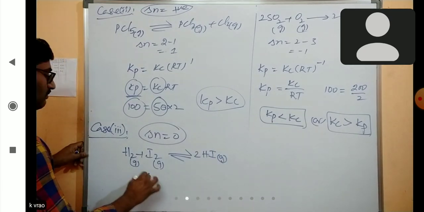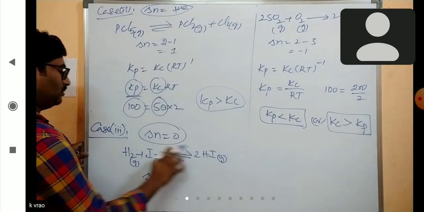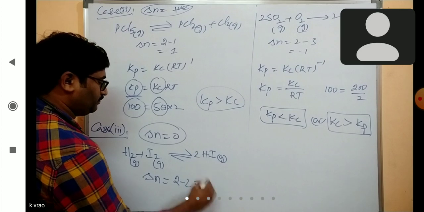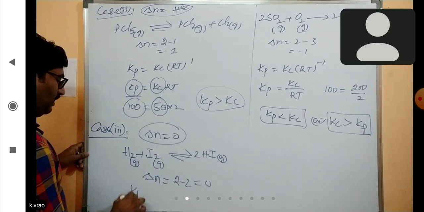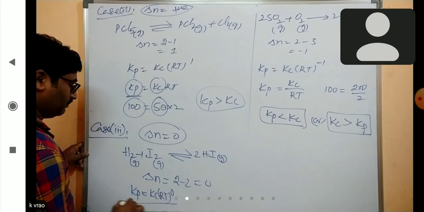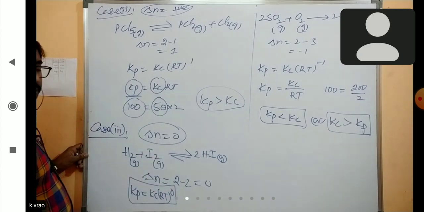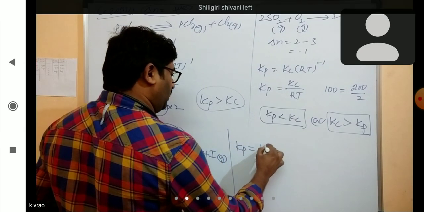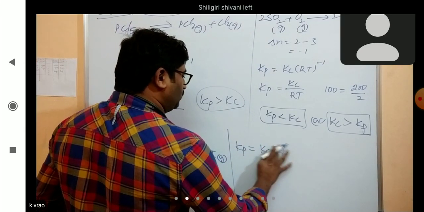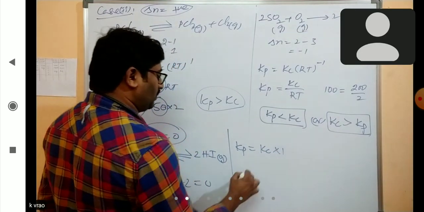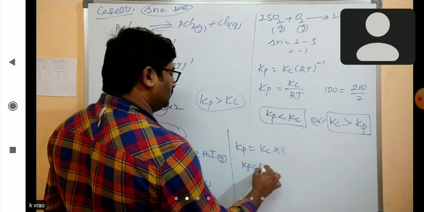Delta n value is 2 minus (1 plus 1), which is 2 minus 2, equal to 0. Therefore, Kp is equal to Kc into (RT) whole power 0. Something power 0 is equal to 1. Therefore, Kp is equal to Kc.